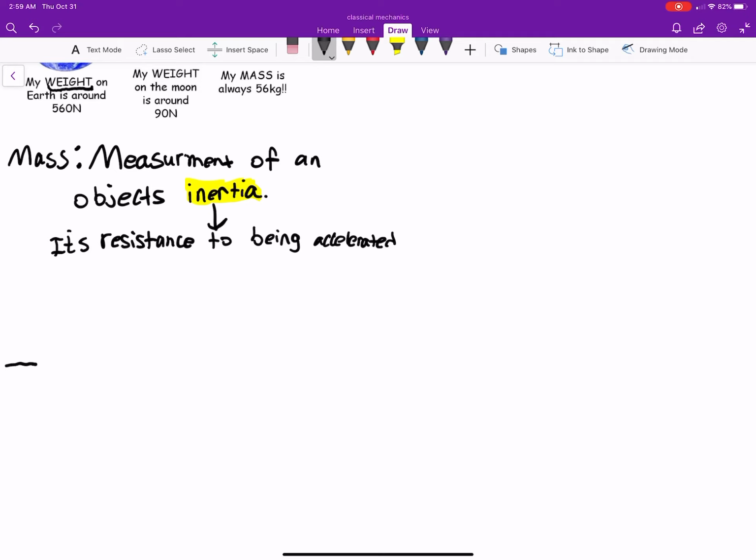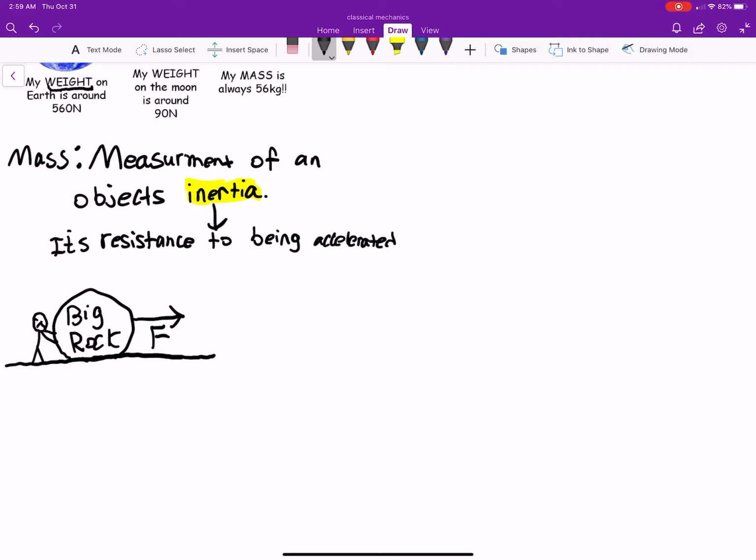Let's say we have a big, heavy rock, and you're trying to push it. You're exerting a force onto this rock. But as we find out, because the rock has so much mass, it has a high resistance to being accelerated.